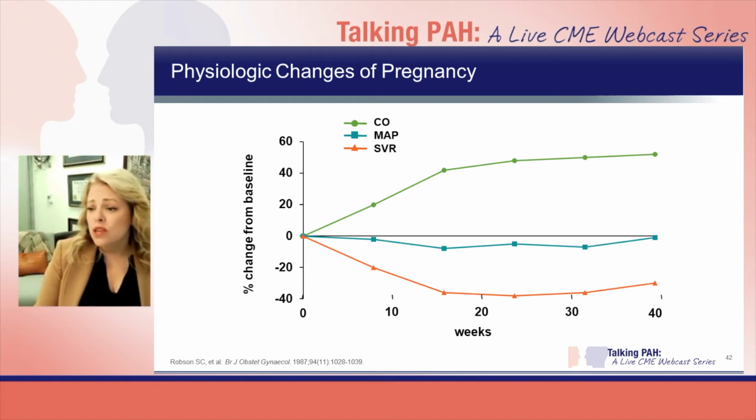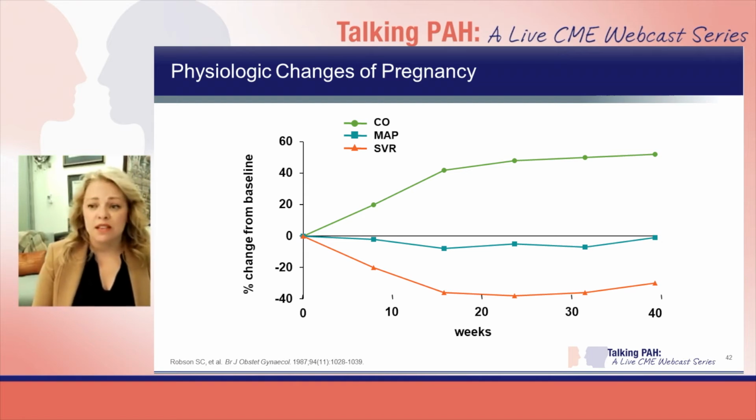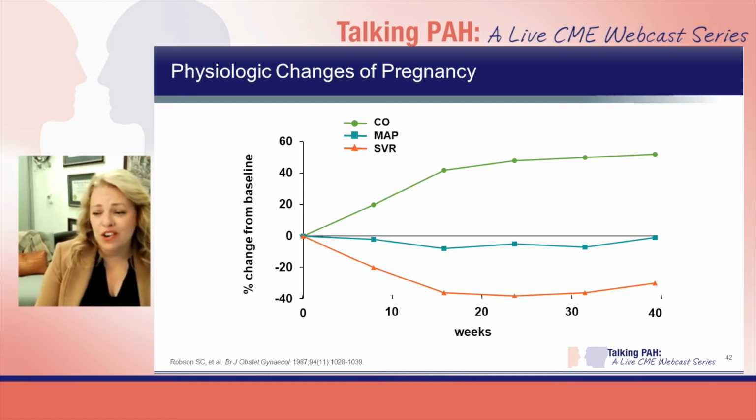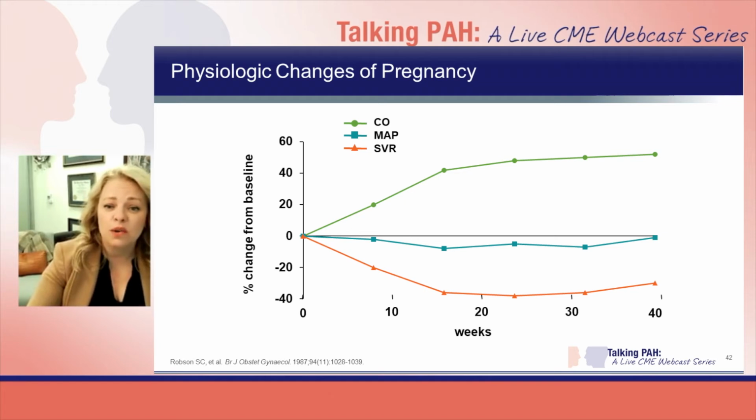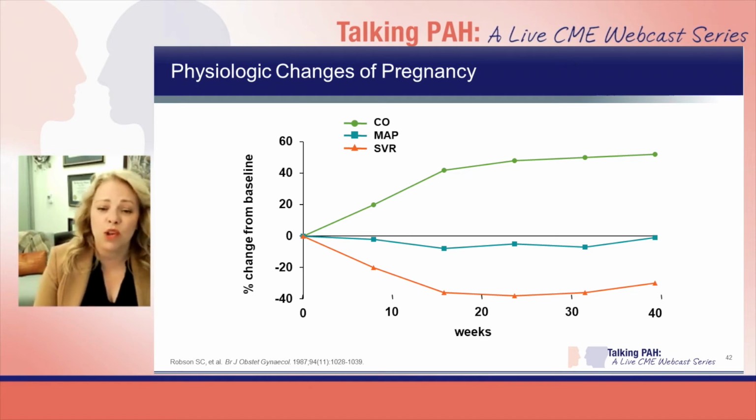And so those things can be poorly tolerated in our PH patients, who often, both because of drugs and their condition, will run a low blood pressure chronically. And so those changes that happen very early can have an effect on our patients that they're unable to compensate for, unlike folks with normal hearts.